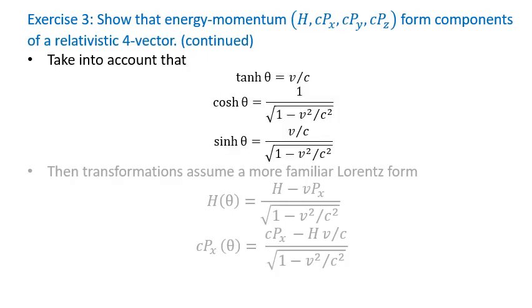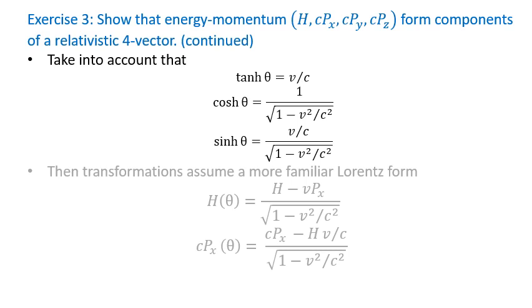Next, I'm going to show that these hyperbolic trigonometric expressions are actually equivalent to more familiar Lorentz transformation formulas. Keep in mind the definition of the rapidity theta. The hyperbolic tangent of theta is equal to the ratio v over c.